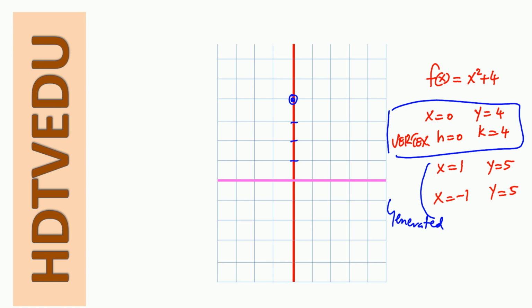When you put x equals 1, y is equal to 5. 1, 2, 3, 4, 5. And when you put x equals negative 1, that's also 5. So you get something like that. That is a rough sketch.